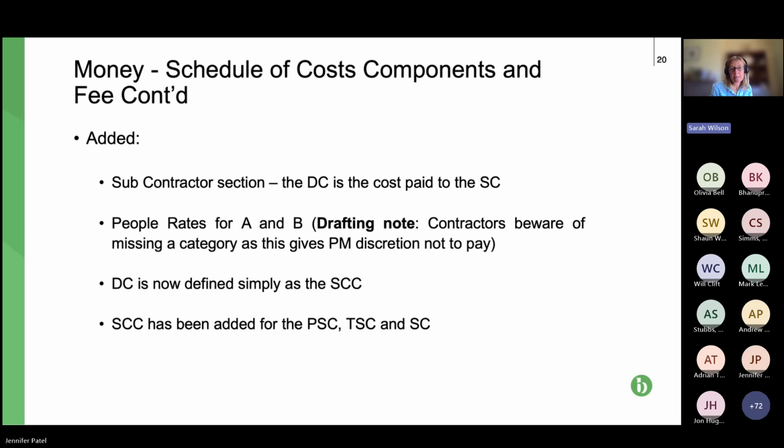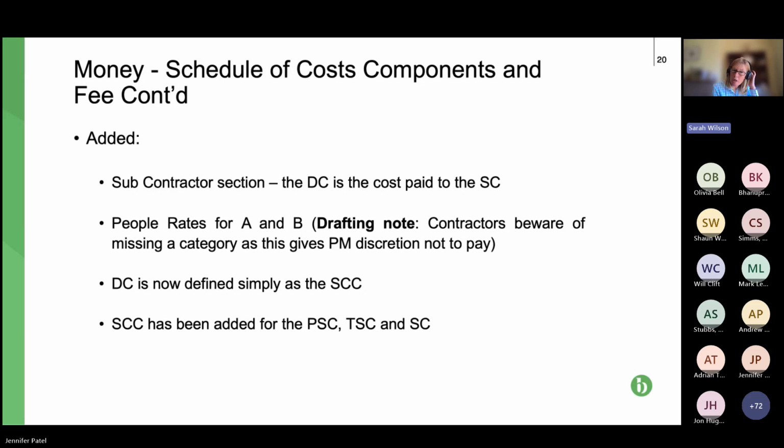So basically, it's just moved. It makes it more efficient because you now have a full checklist of items that are claimable in the schedule of cost components, rather than having to look at the defined cost, which referred to subcontracting, as well as the schedule of cost components.